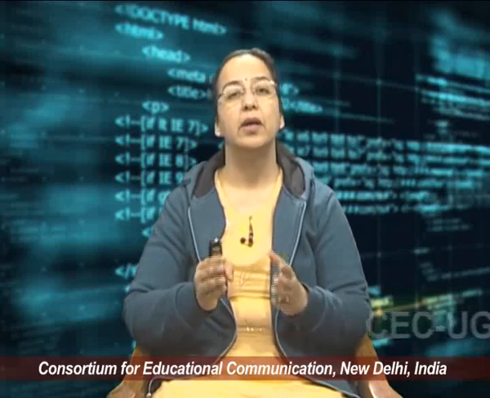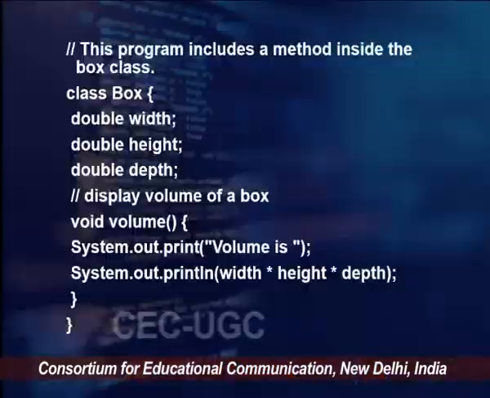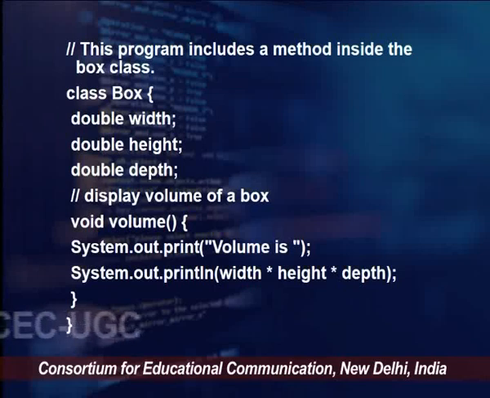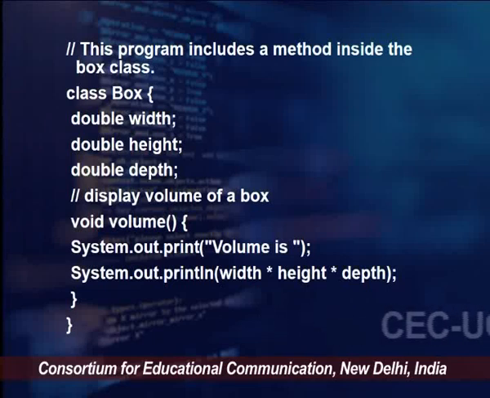Now with the help of a program, let us see how we can add a method to the class Box. We will be taking the previous program and improving upon it. Here we have the class Box, which you have already seen, followed by an opening brace, and then we have width, height and depth, all of type double.